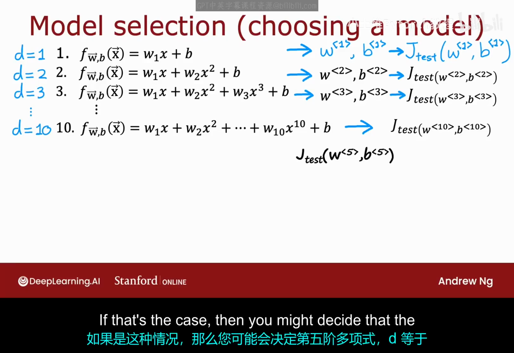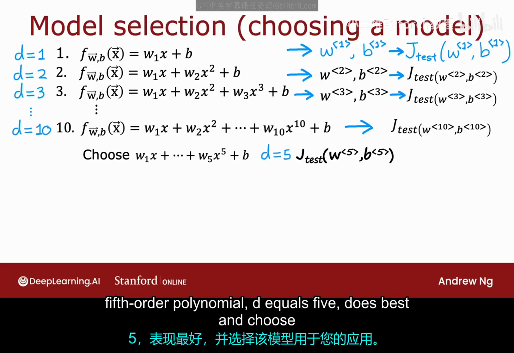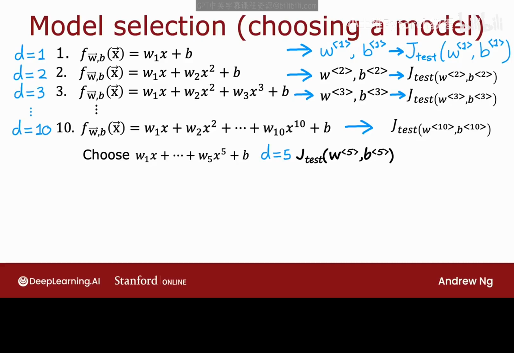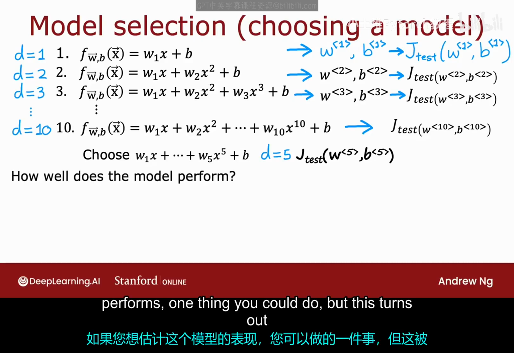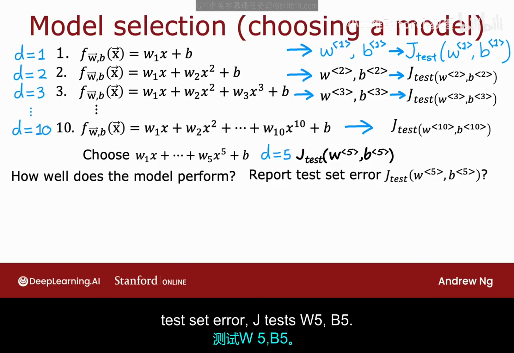If that's the case, then you might decide that the 5th order polynomial, d equals 5, does best and choose that model for your application. And if you want to estimate how well this model performs, one thing you could do, but this turns out to be a slightly flawed procedure, is to report the test set error, J-test of W5, B5.